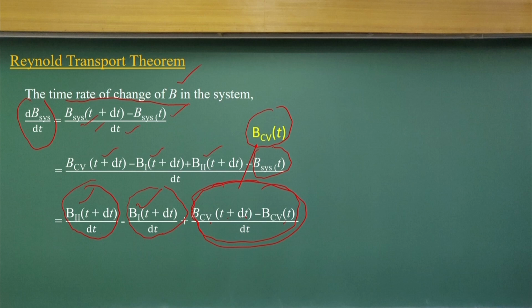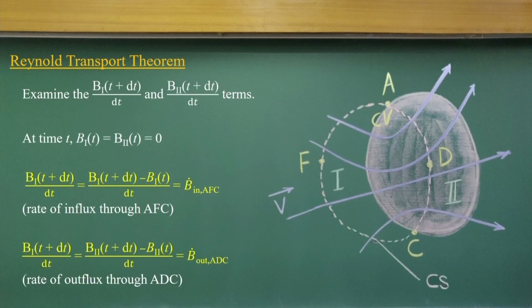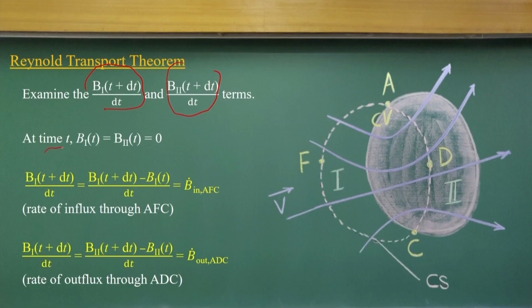Now, I will discuss these 3 parts to simplify them. Let us examine this part. What is the time rate of change of B 1 at the t plus delta t time, or B 2 at the t plus delta t time? And as you know, at time equal to t, B 1 at t is 0 and B 2 at t is also 0, because at time equal to t there was no flux inside.